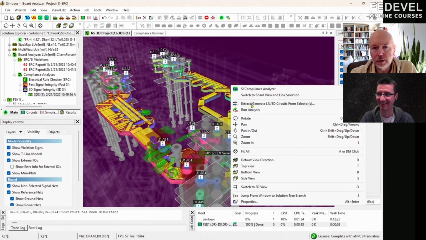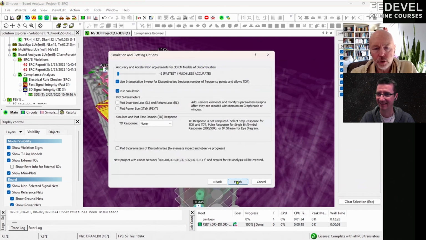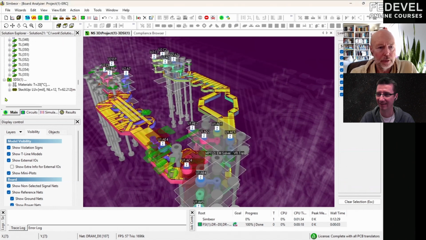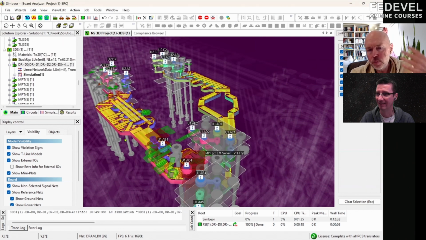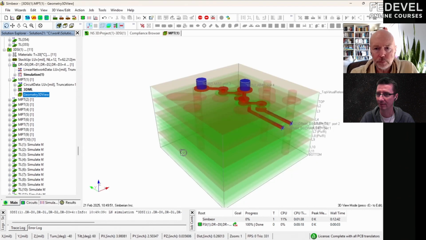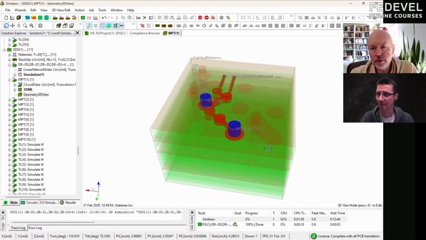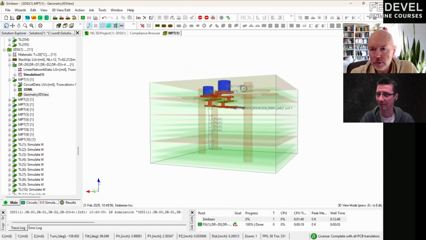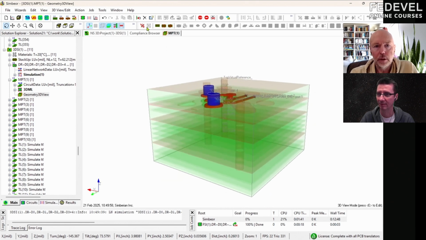So if you extract it, I'll show you how it looks. Again, I just hit the run button, and it will probably take a few minutes to finish this example. But then you'll see geometries extracted for electromagnetic analysis, automatic again.